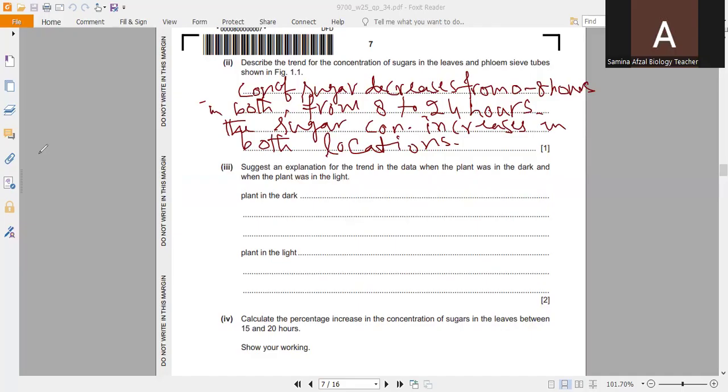Now suggest an explanation for the trend in the data when the plant was in the dark and when the plant was in the light. So the explanation: for the plant in the dark, photosynthesis does not take place, so no sugars are produced.